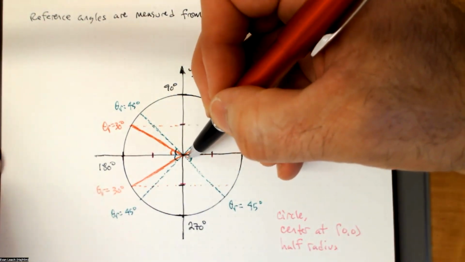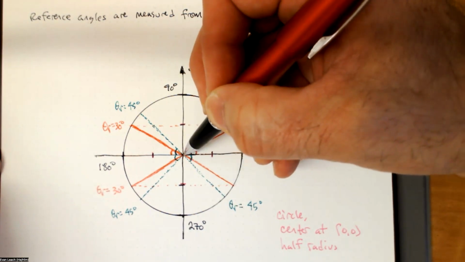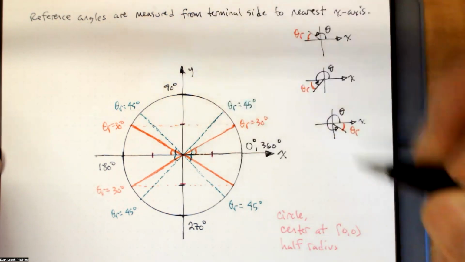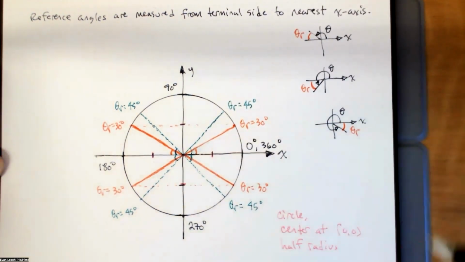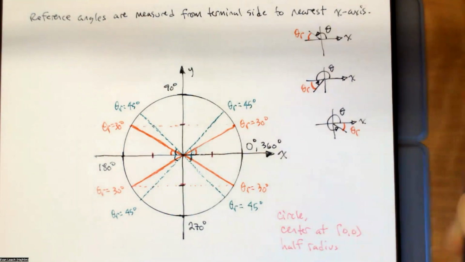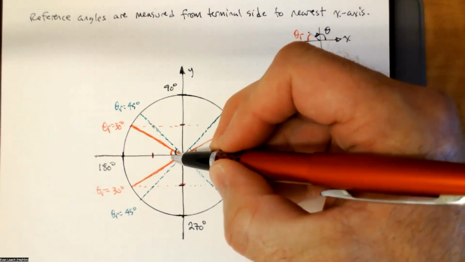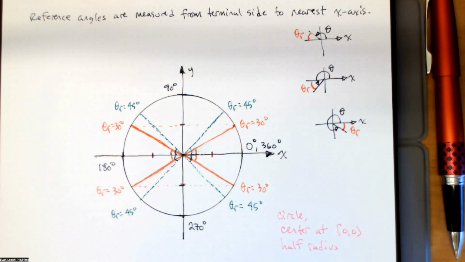And then we have 30-degree reference angles going all the way around our circle. 30 degrees from the terminal side to the nearest part of the x-axis.